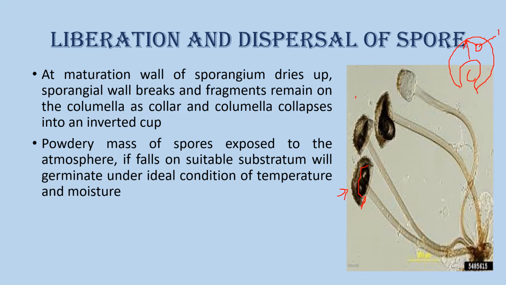A slight breeze or any wind current will cause the dispersal of spores. So in Rhizopus, the sporangiospores, that are haploid, are dispersed by wind. This is how the spores are dispersed.